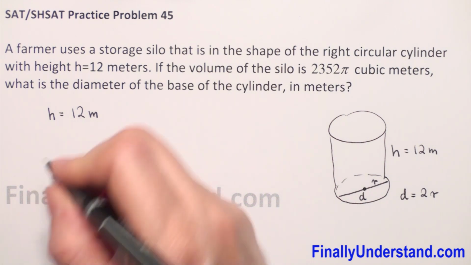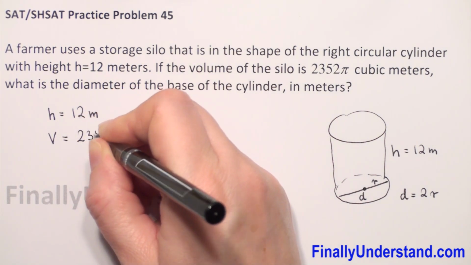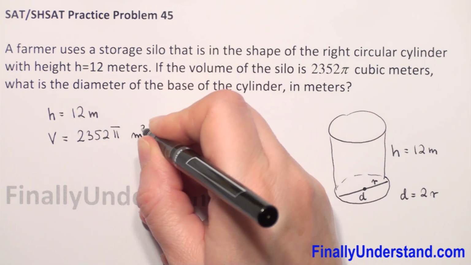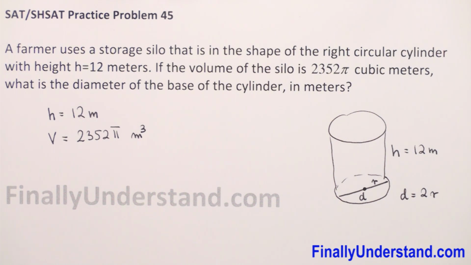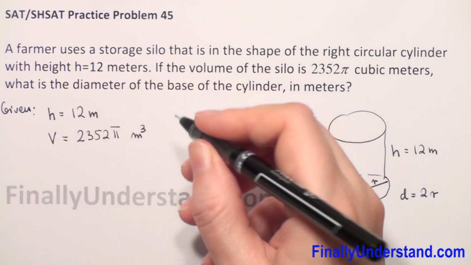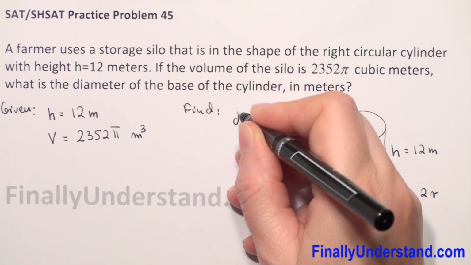What else? We have the volume, which is 2352 pi cubic meters. This is given. And we have to find D.